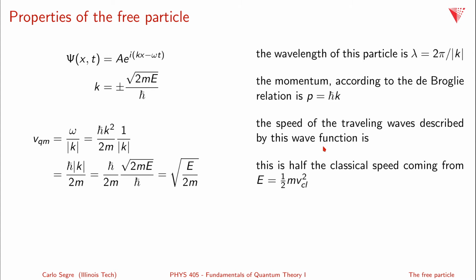Now, if you think about this, this is just half of the classical speed coming from a kinetic energy of 1/2 mv squared, because this is using the de Broglie relation instead of this relationship here. So for kinetic energy in a classical system, you have that v is equal to the square root of 2E over m.